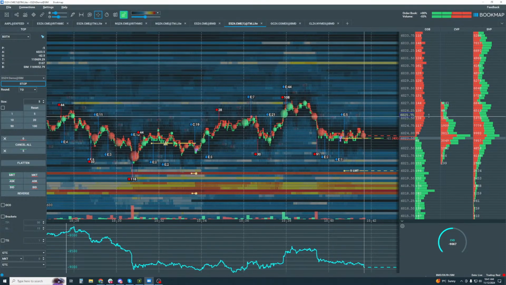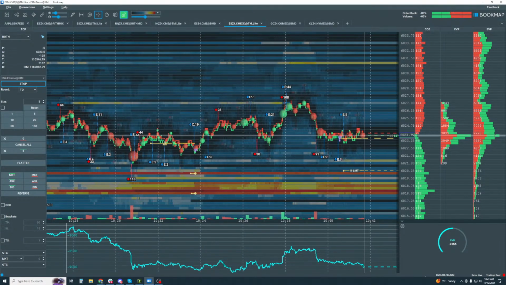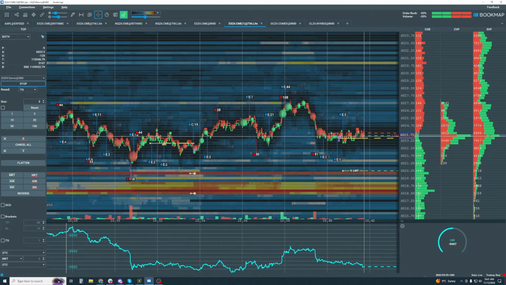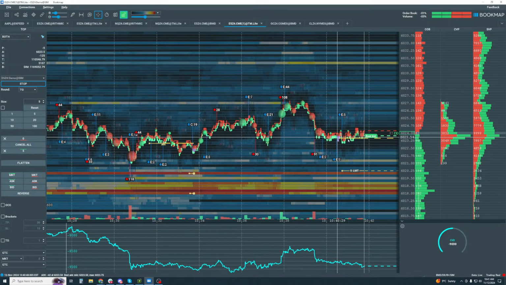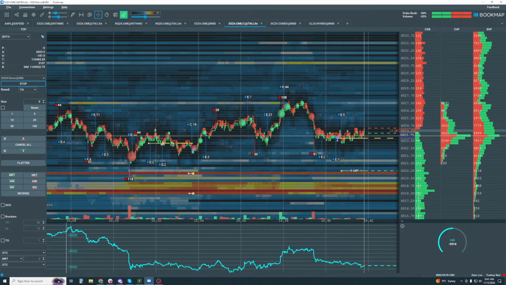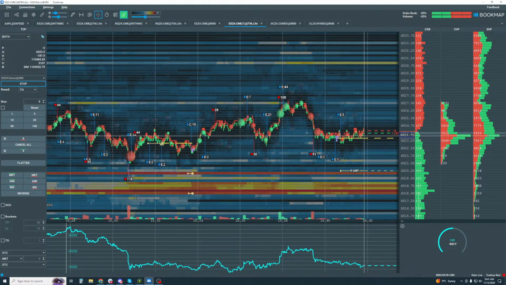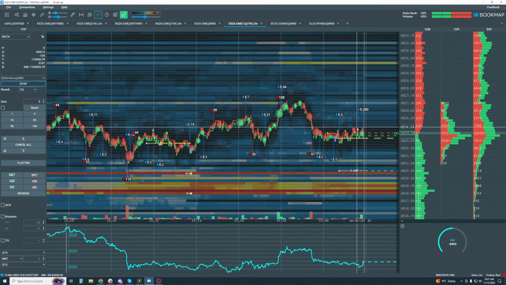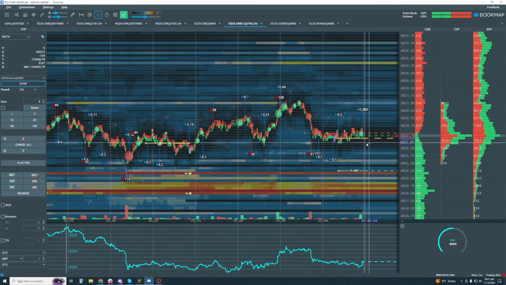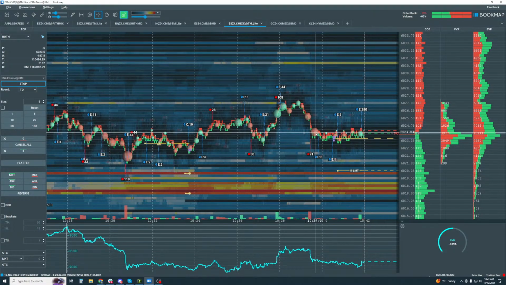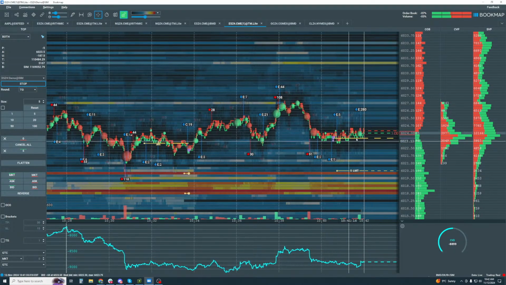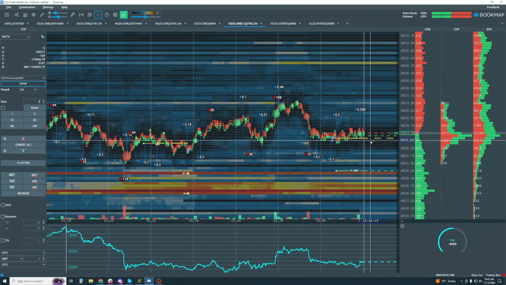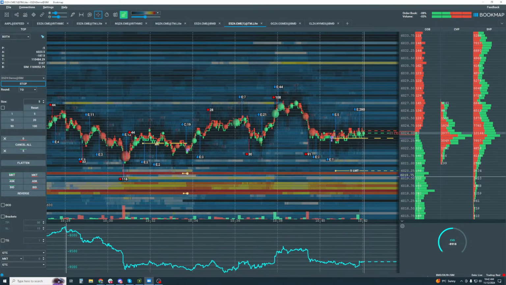Now here let's take a look at some volume profile stuff. Well, is that a good idea? I mean, this is the high volume node right here. So price will probably just chop around in here. What I'm looking for then is really high supply here by the aggressors to move price down into these lower levels down here.